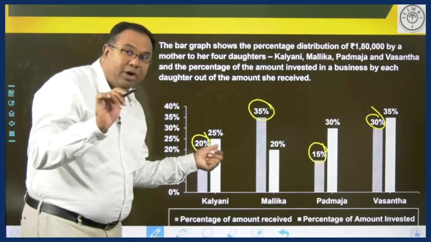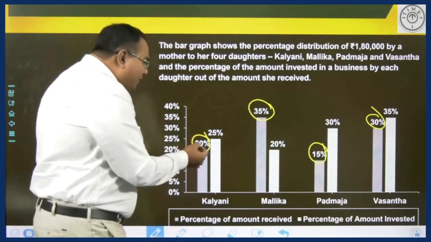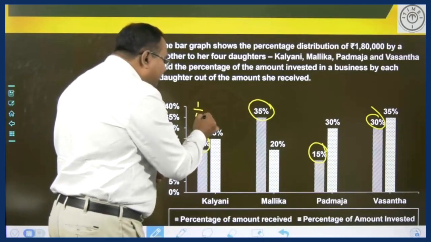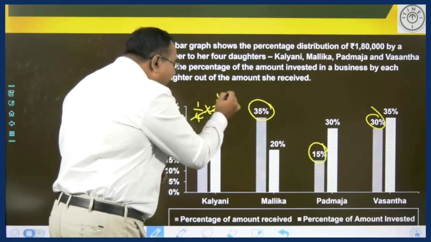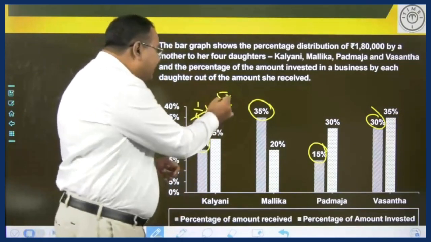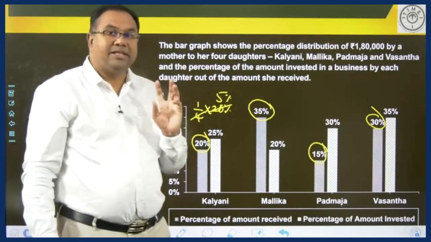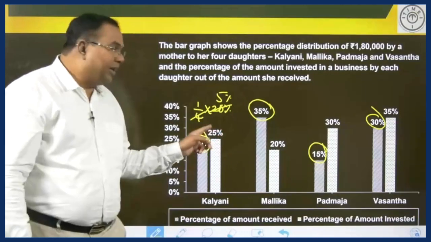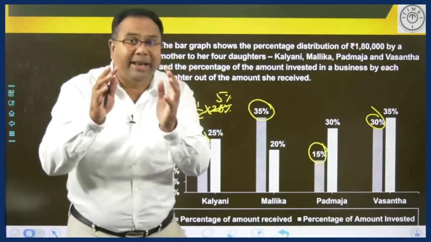She has invested 25% of 20. What is 25% of 20? 25% means 1/4 of 20%. That means she has invested only 5% of what she has received. She has received 20%. She has invested 5% in the business. Don't take this as 25%. Similarly, when you see here, she has invested 20%, not total 20%.